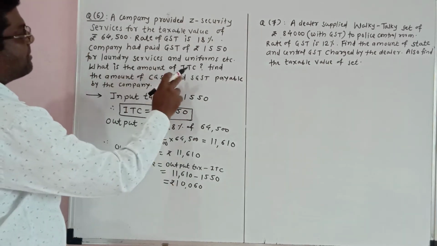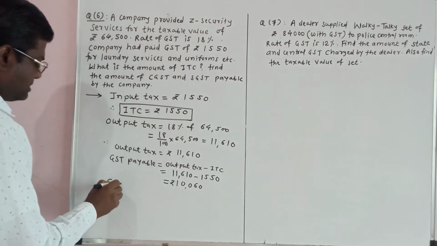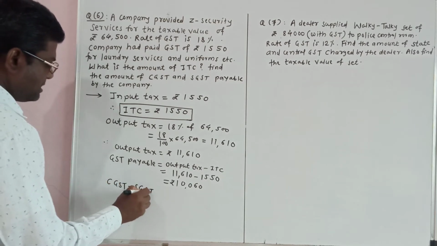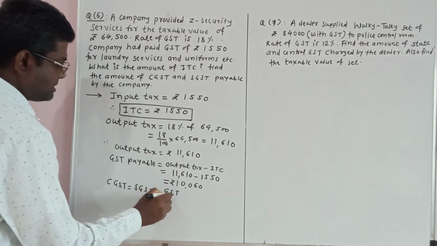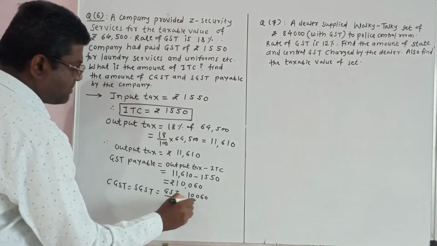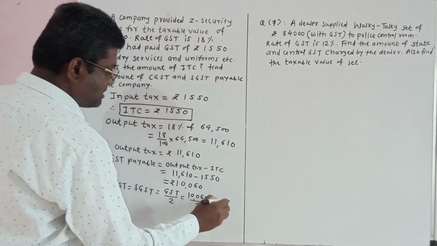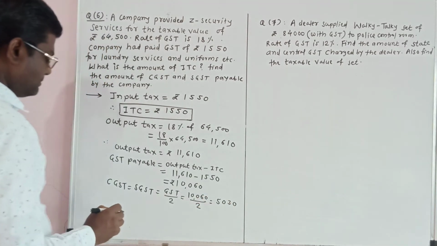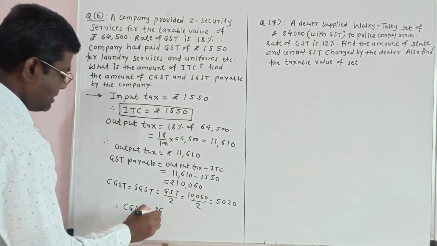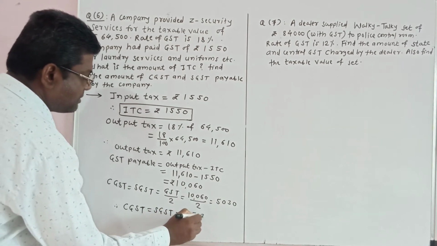We have to find the amount of CGST and SGST. Therefore, CGST is equal to SGST is equal to GST upon 2. GST is 10,060 upon 2, so it will be 5,030. Therefore, amount of CGST and SGST is equal to rupees 5,030.